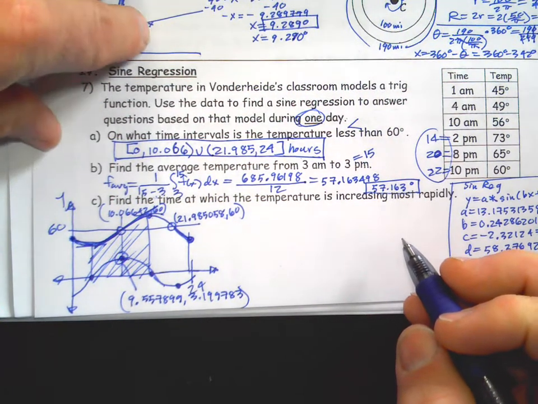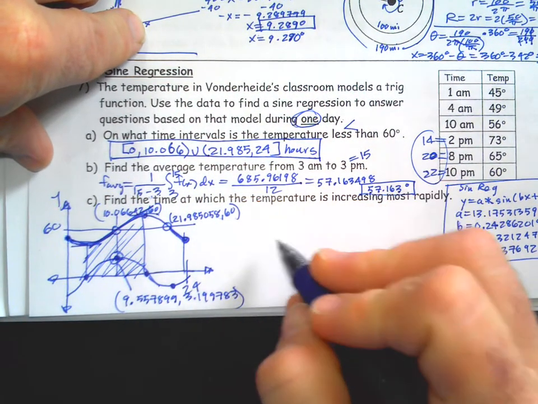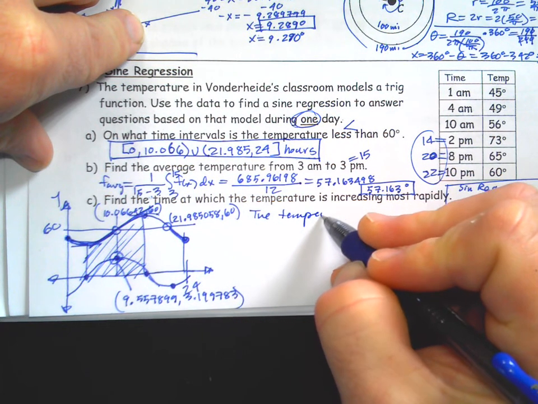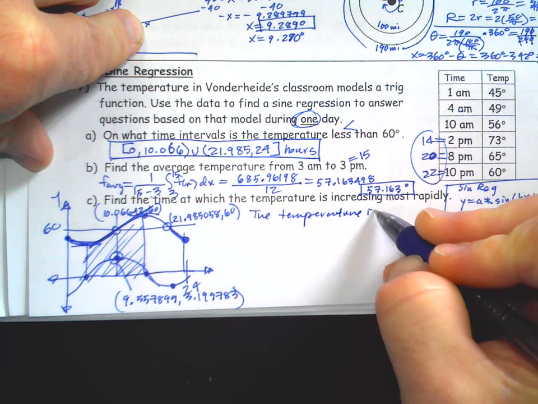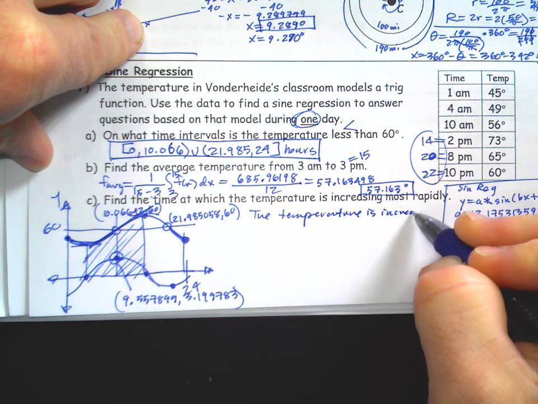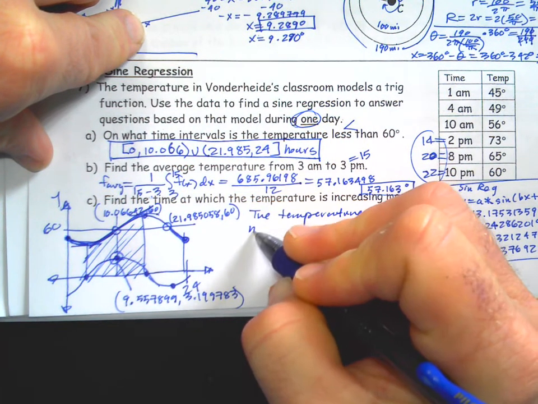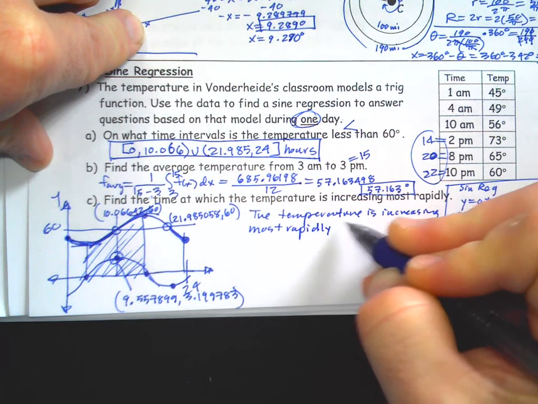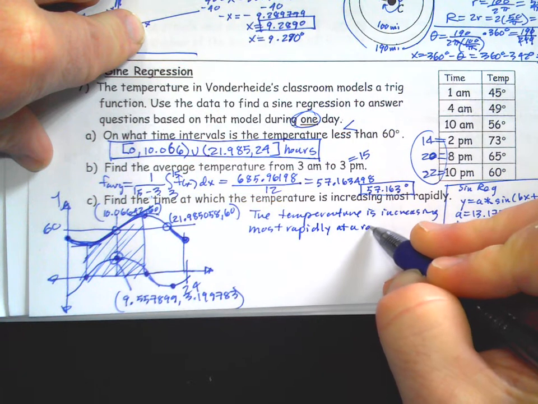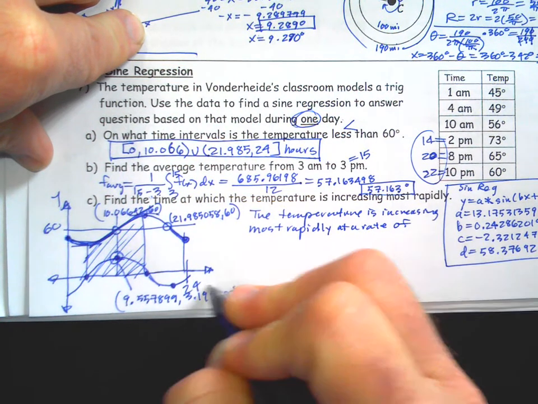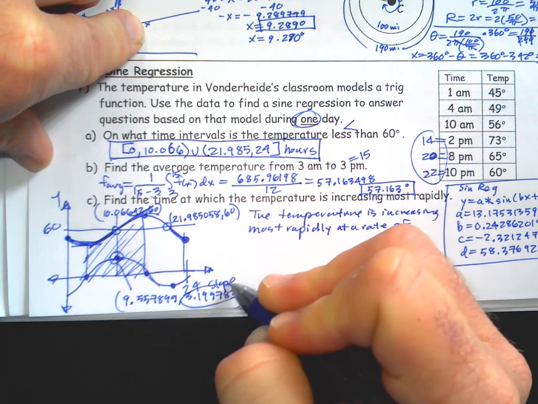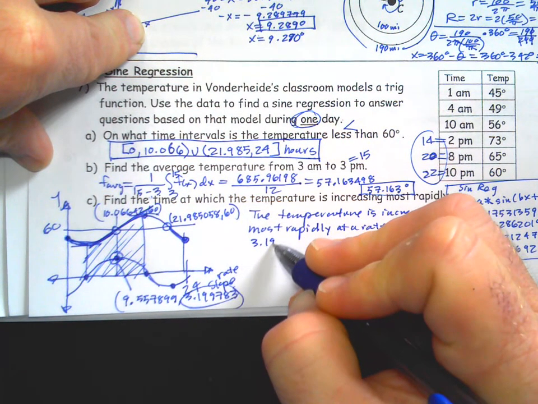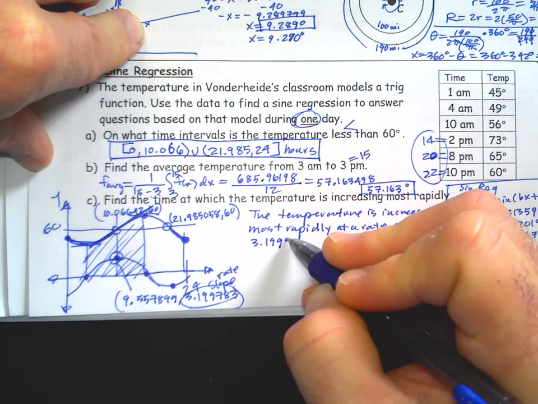And let's write this as a nice answer. Despite what I've written on my solutions, this is the way I want you to write. I want you to say the temperature is increasing most rapidly at a rate of, and so this is the rate, this is the slope, this is the derivative, this is the rate of 3.199 degrees per hour.